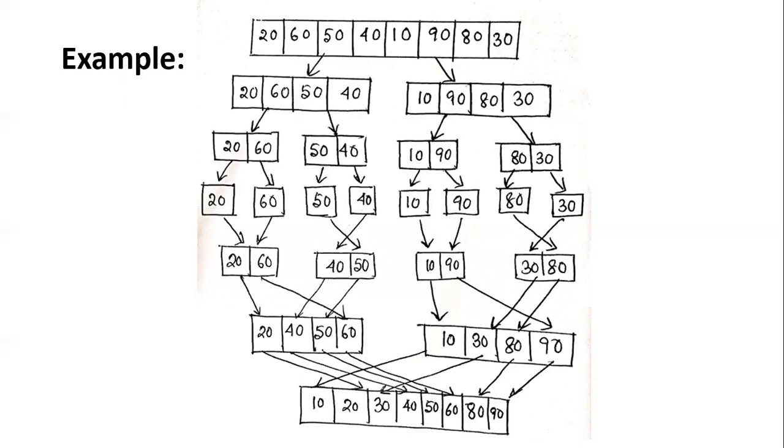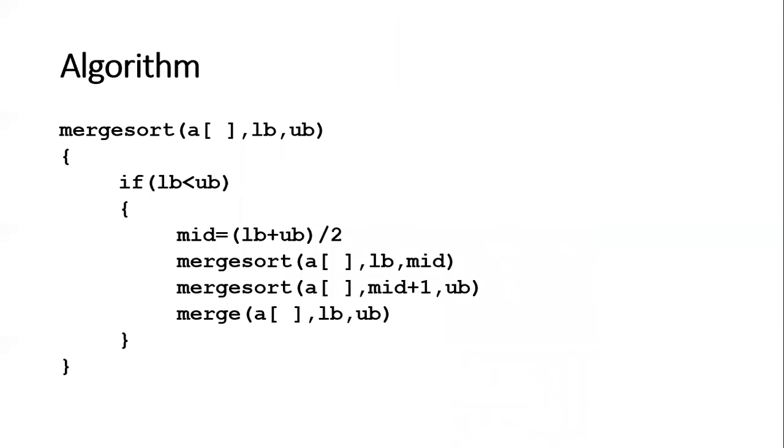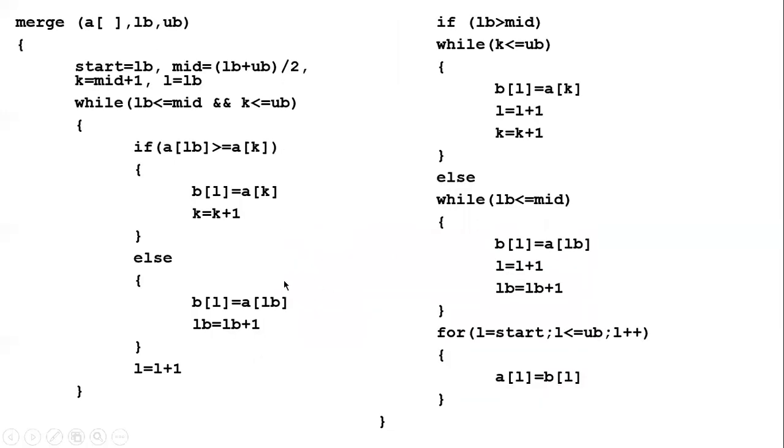So they are to be copied to the target B array without checking because the other one has already been exhausted. So now the case is if LB is greater than mid, that is, if the first sorted array has been exhausted, then the second array content will be dumped onto this B array.